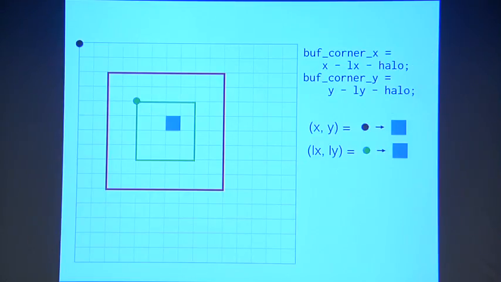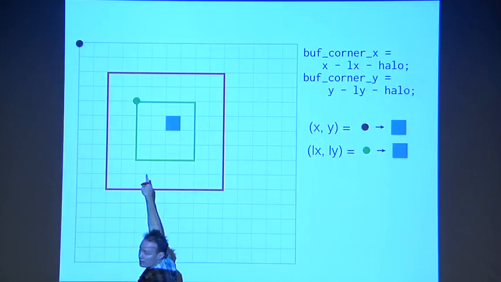To load the buffer, the first thing we're going to do, we're doing all this work to simplify our probably complex calculation once we have the data in the local buffer, which is the red square. To load up the red square, we need to know where it lands relative to the image. And that's this buff corner X, buff corner Y. It's our X, our global position relative to the black, minus LX.